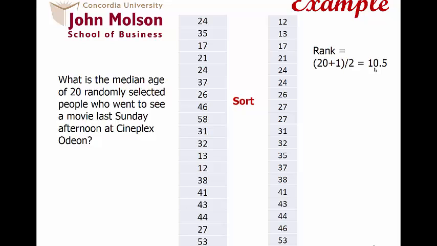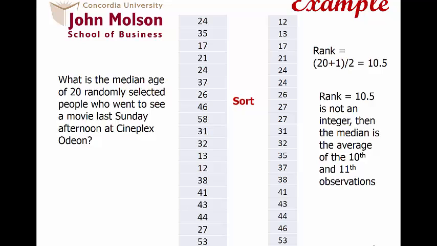The rank is not an integer, so it will be the average between the 10th and the 11th observation. The average between the two, my median, is 31.5. Somewhere in between, I have 10 observations before and 10 observations after. This is the reason why the median sometimes falls between two numbers.